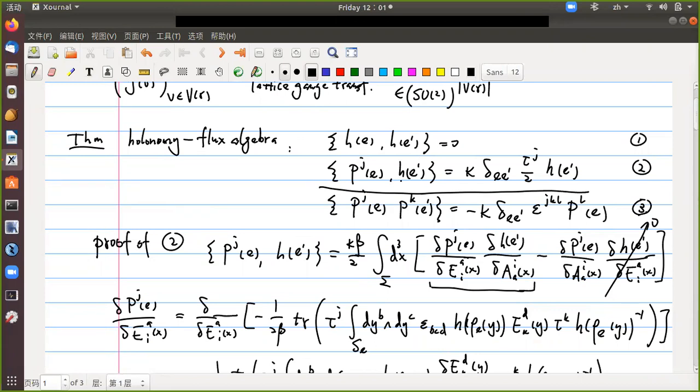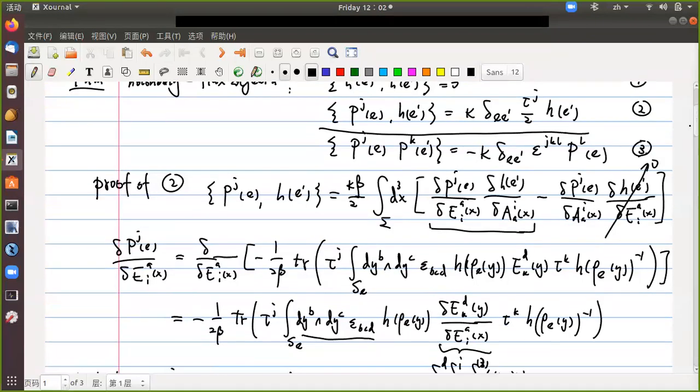So if your wave function is a function of holonomy, then this function is defined on a commutative space. But if you want to define your function as a function of flux, it's fine, but the function should depend on a non-commutative space. It causes some inconvenience in some discussions, but some people like it.